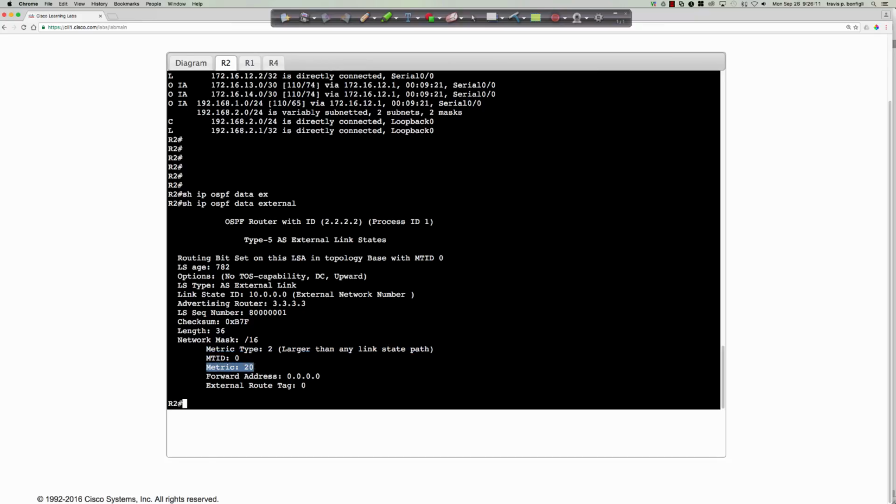The metric is 20, and that's the default metric for external information. Now, the forwarding address is quad zeros, and the tag is all zeros. There's the advertising router. Here's the external network number. That's the network that we're trying to get to. So again, you can really drill down into this information and see quite a bit of detail in terms of what exactly that LSA contains.